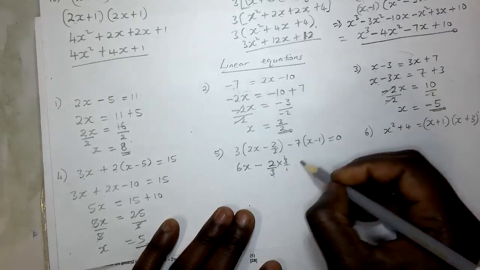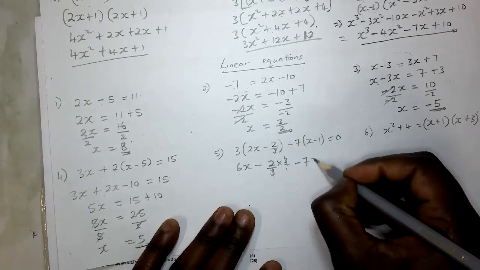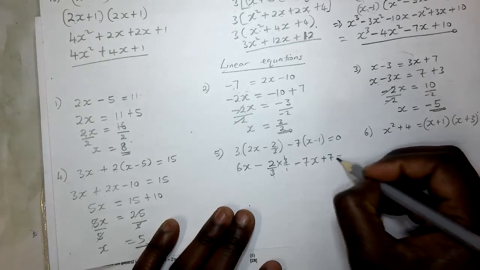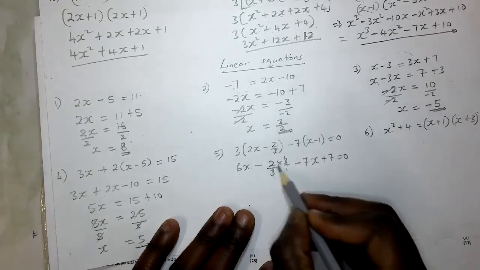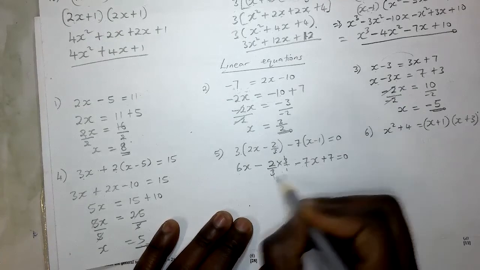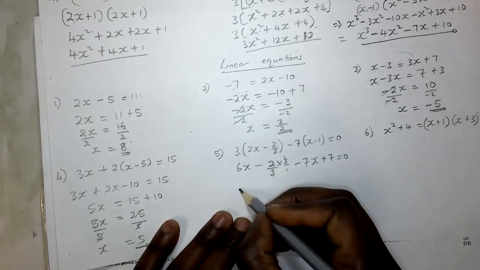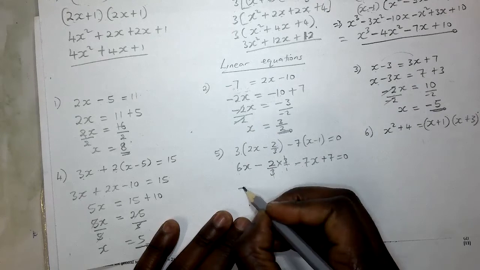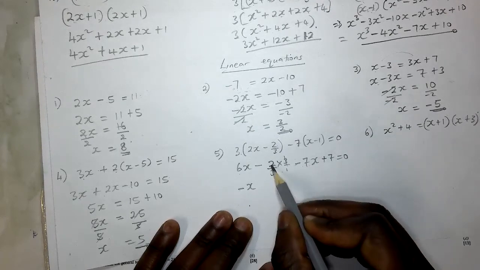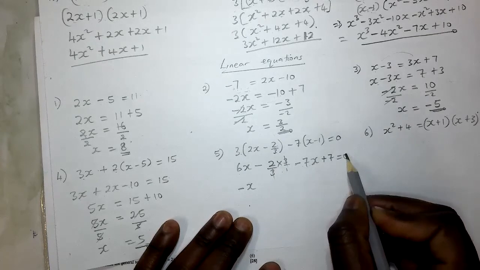Then what we have, we're going to say minus 7x plus 7 is equal to 0. Then 6x minus 7x. Remember, the negative is on the bigger value. So 7 minus 6 is going to give us 1. So we're going to get negative x because negative is there. Then we can shift the 2 that side.